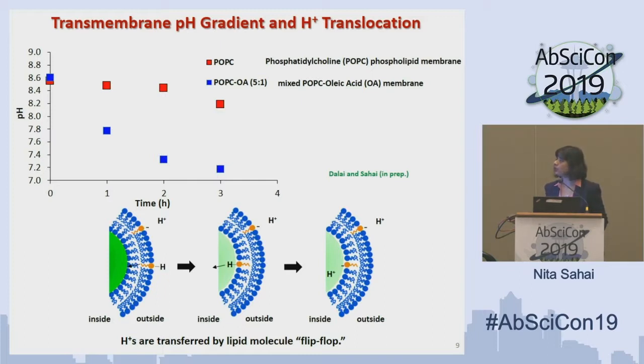So at the starting point, at time 0 hours, the pH is the same as 8.6, which is the pH at which the vesicles were synthesized. So the outside and the inside are both at pH 8.6.